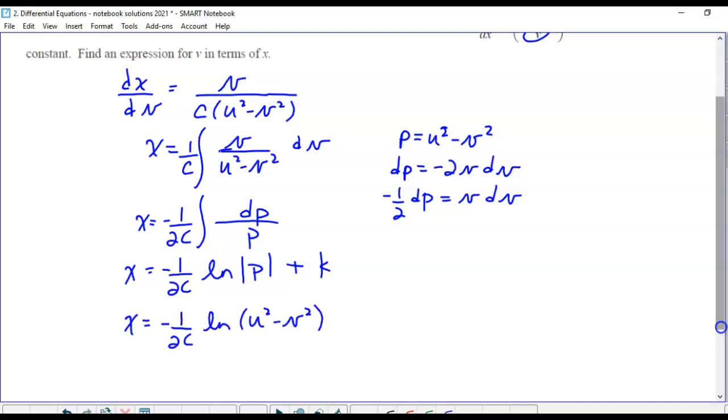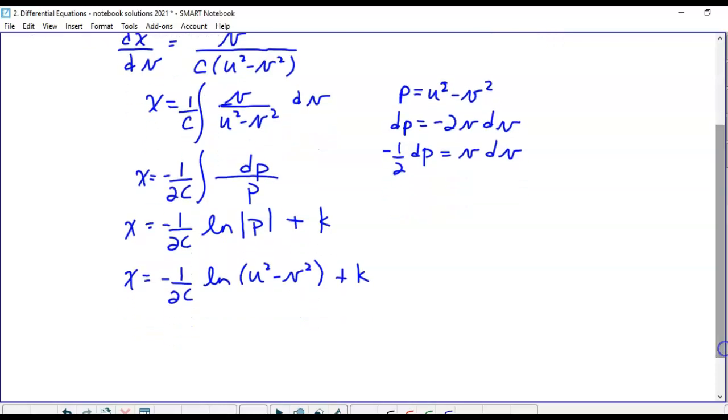Now, normally absolute value, but u squared minus v squared, if u squared is the terminal velocity, this is always going to be greater than 0 until actually v reaches the terminal velocity. So we don't have to have absolute value signs. Now let's figure out what k is.